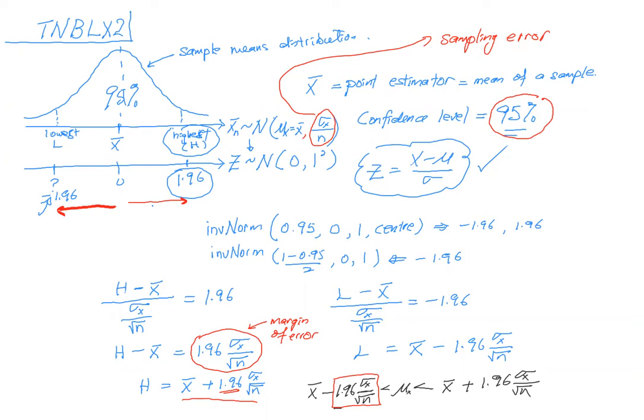And what is this? Can someone tell me what is this? Point estimator or mean of a given sample. For this case, it's called the mean of a given sample.